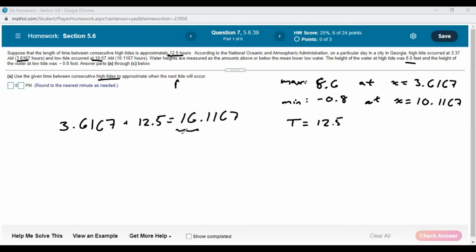Now that one is not set to proper format yet. So first off, in a 12-hour clock, 16 would correspond to 4 p.m. plus, and we can convert the decimal into minutes the same way we would if it were an angle in degrees.